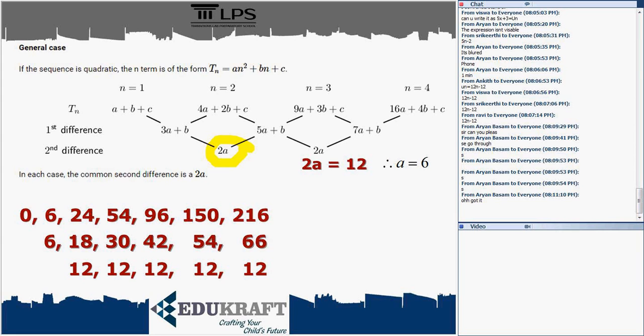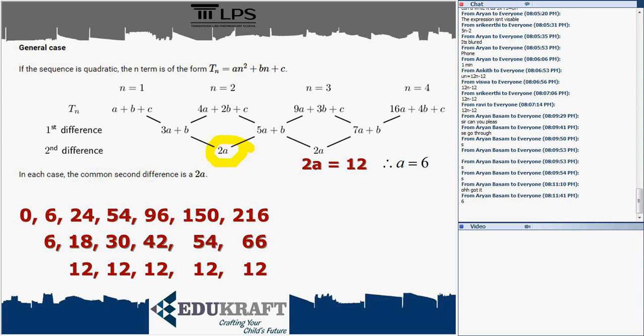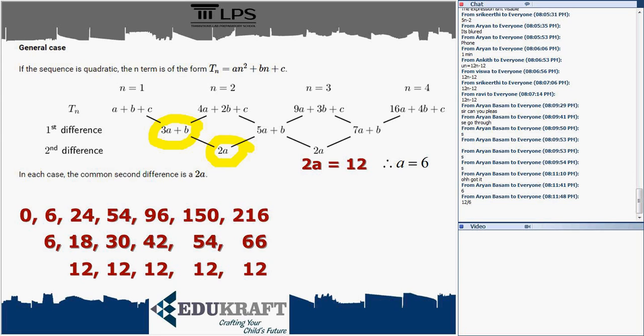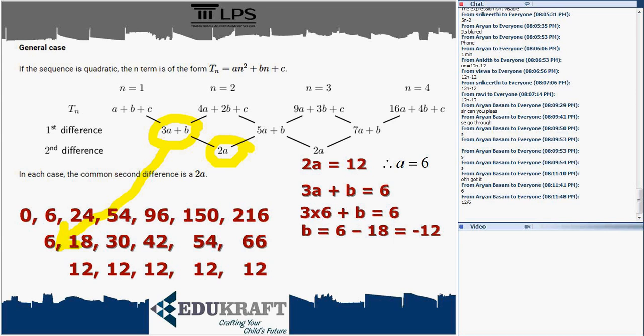Now equate the first difference, 3A plus B, to the first difference, which is 30. So with the value for A, I get B. Then take the first expression, which is A plus B plus C, and equate it to 0.